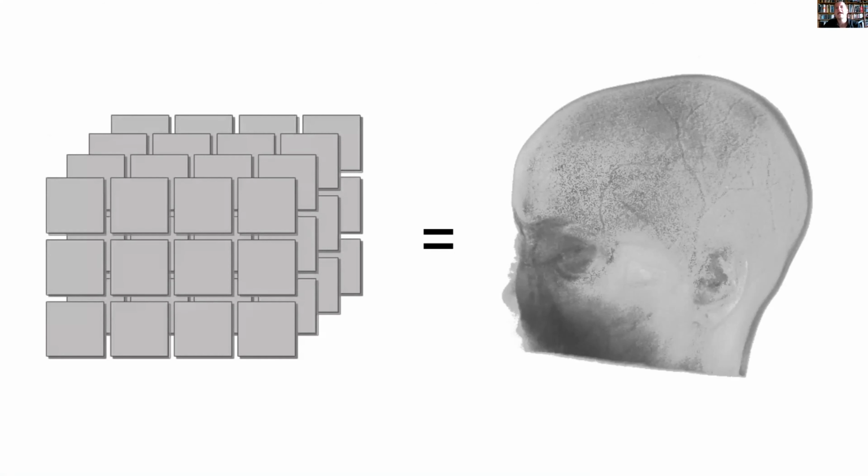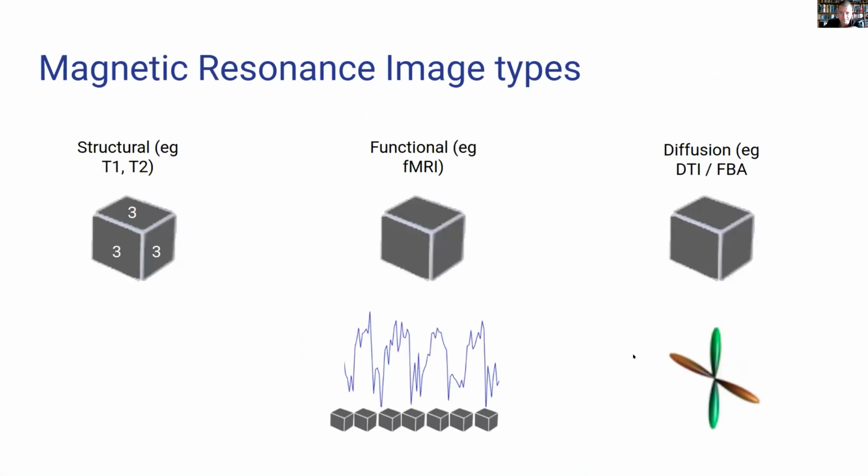So if you've worked with spreadsheets or data frames, which I'm sure pretty much everyone here has, we can think of it as a whole bunch of stacked data frames or spreadsheets on top of each other. And these, when combined into a matrix, allow us to generate the nightmare fuel image that you see on the right, which is an MRI image in 3 dimensions.